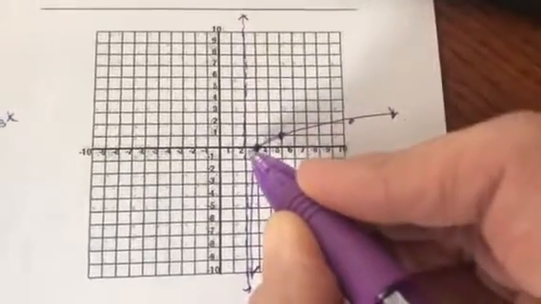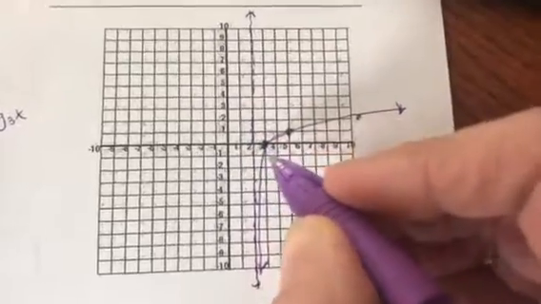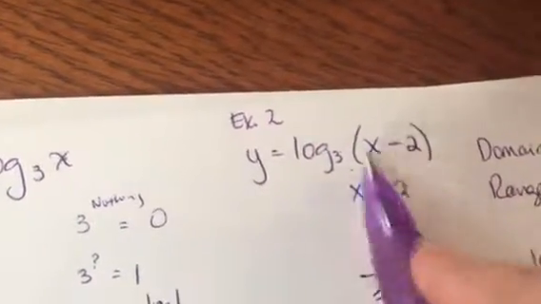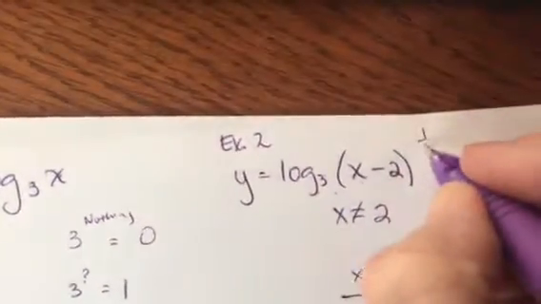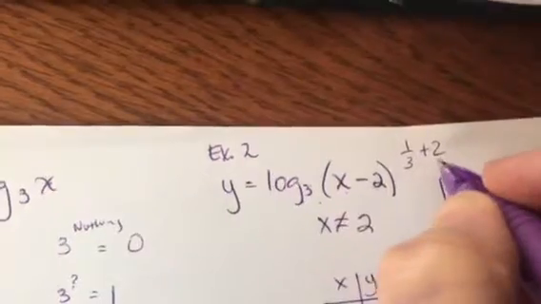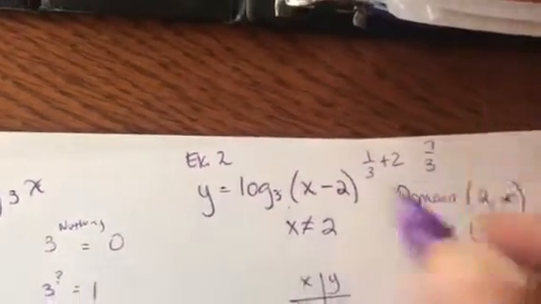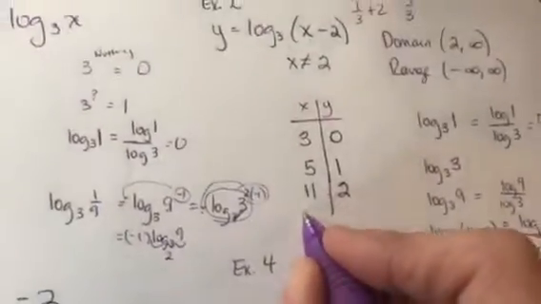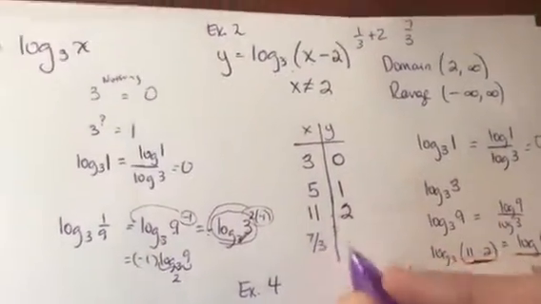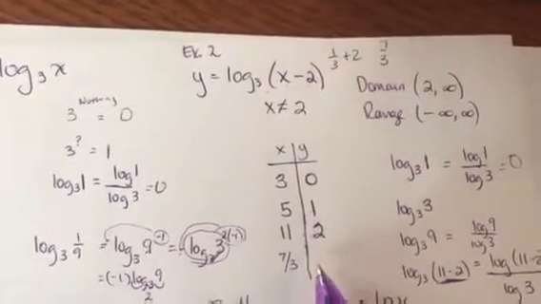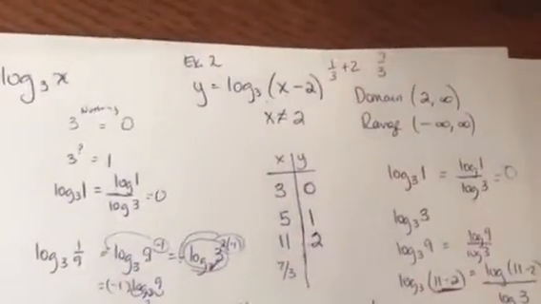So technically I could plug in values right here. I would want this value honestly to be 1/3 if I was going to plug in a value. So I would probably take 1/3 plus 2, which is what, 7/3? Is that right? Okay. So I would let x be 7/3. I would plug that in because 7/3 minus 2 is 1/3, and then you could use that in your calculator.